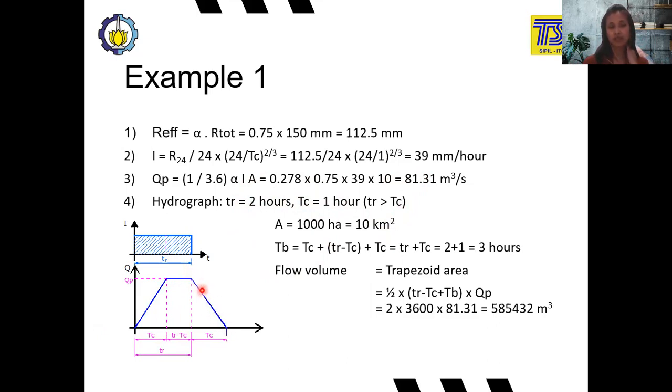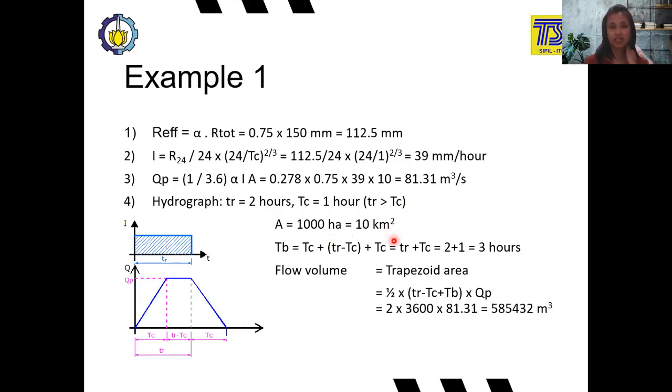Of course, the discharge will decrease because there is no additional volume or additional discharge because the rainfall has stopped here, and then the discharge will decrease constantly until it reaches 0 again.